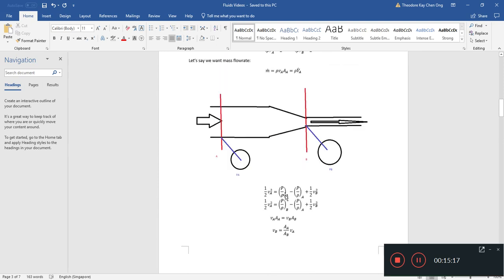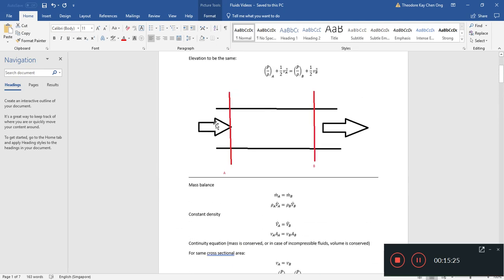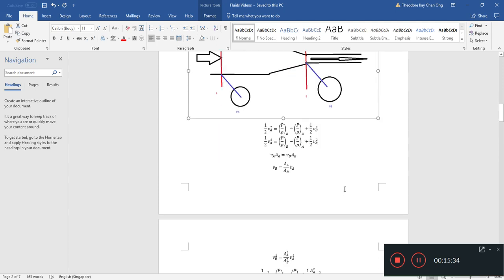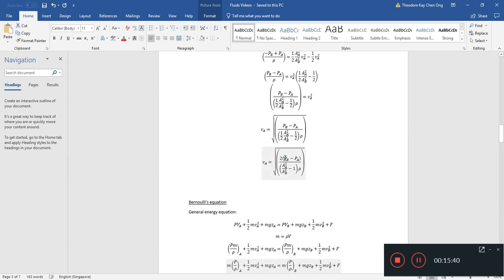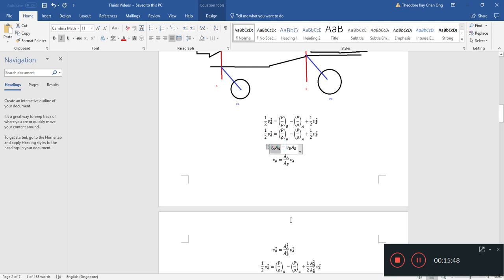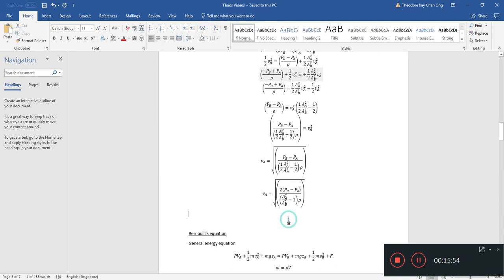So we have this situation where you have a cross-sectional area at A and a cross-sectional area at B. Now, instead of having a constant surface area, we'll have this instead. That will give us a pressure difference, from which we can measure the velocity. When the velocity is found, we multiply by the cross-sectional area to get the volumetric flow rate. Multiply by density, we get the mass flow rate. So that's basically how a Venturi flow meter works.